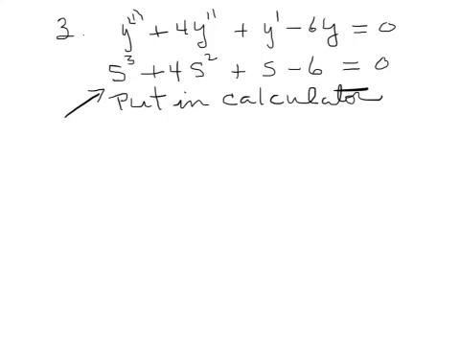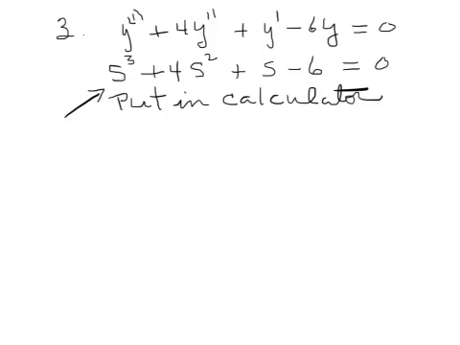But I'm going to put x cubed plus 4x squared plus x minus 6 in the calculator. Then I'm going to zoom to the standard window. And if we did this right, you should see the zeros.